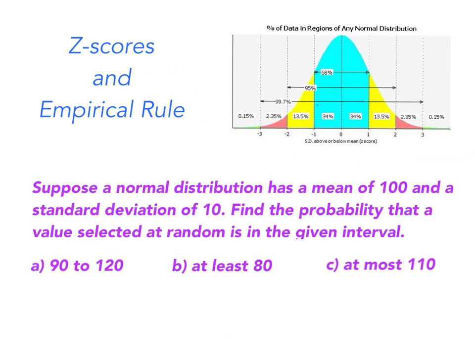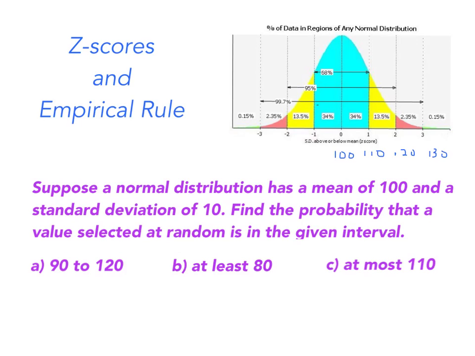So using the normal curve up above in the right corner, we know our mean is 100, so I'm going to put 100 at the z-score of 0, because remember the mean is right in the middle, because the mean, median, and mode of a normal curve is in the middle. Since our standard deviation is 10, one standard deviation above the mean would be 110, 2 would be 120, and 3 would be 130.